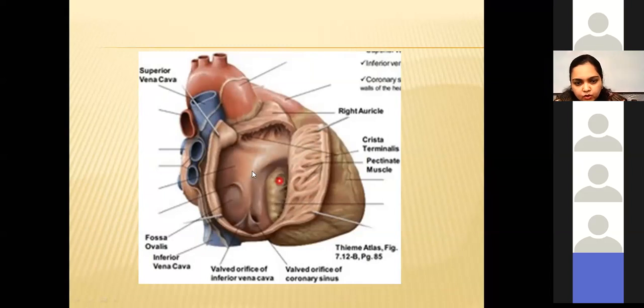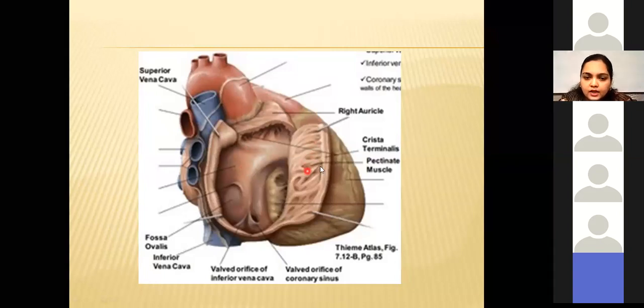This smooth wall part is called the sinus venarum and it contains the openings of the superior vena cava, inferior vena cava, plus the coronary sinus. Now the demarcation between the smooth wall and the rough wall part is made by a small fibrous line called the crista terminalis. Crista terminalis and sulcus terminalis: two terms are used for this, the crista and the sulcus terminalis.